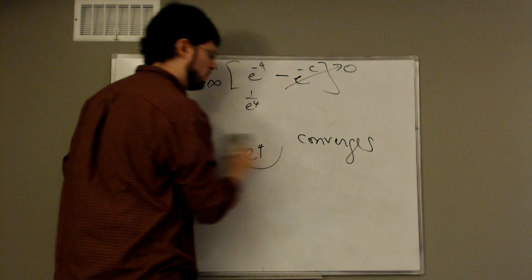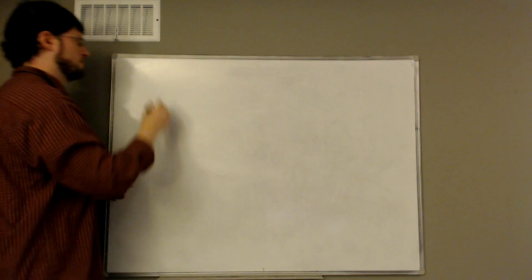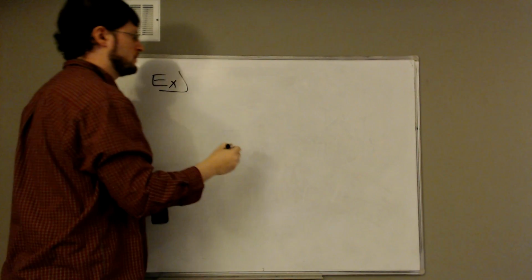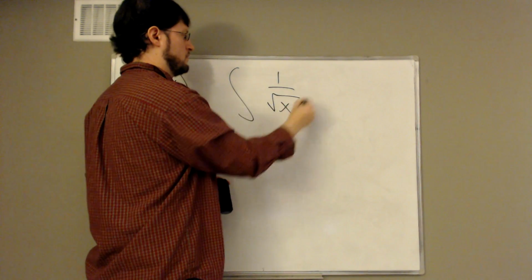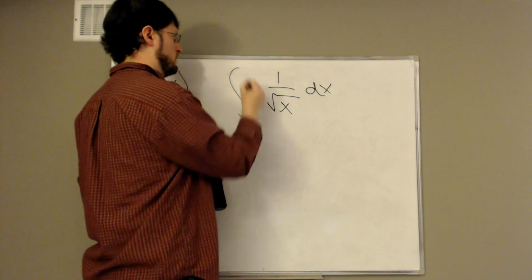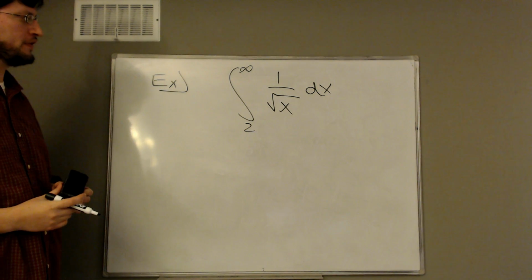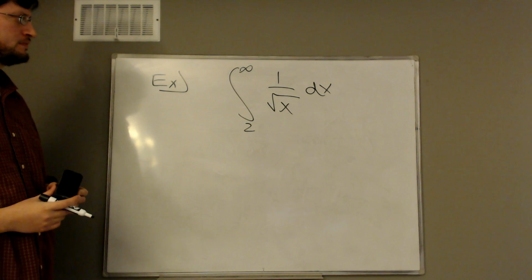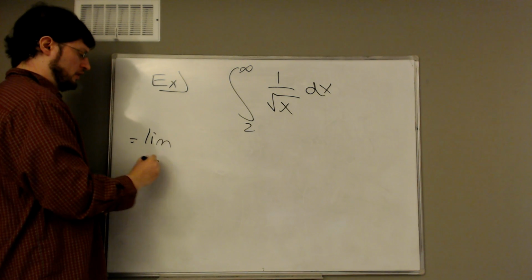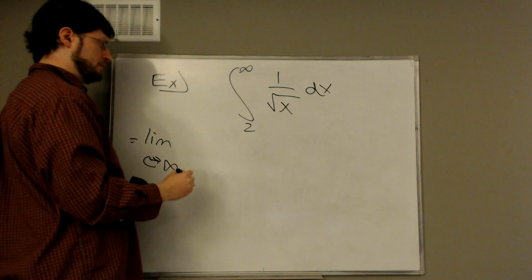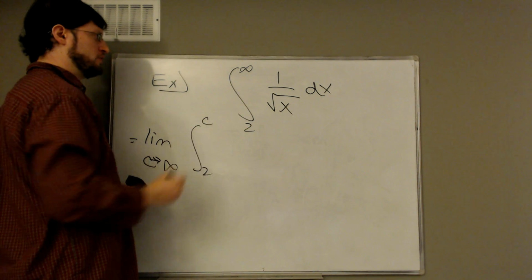Let's look at one more for now. Let's look at 1 over square root of x from 2 to infinity. As always, limit as c goes to infinity of the integral from 2 to c.